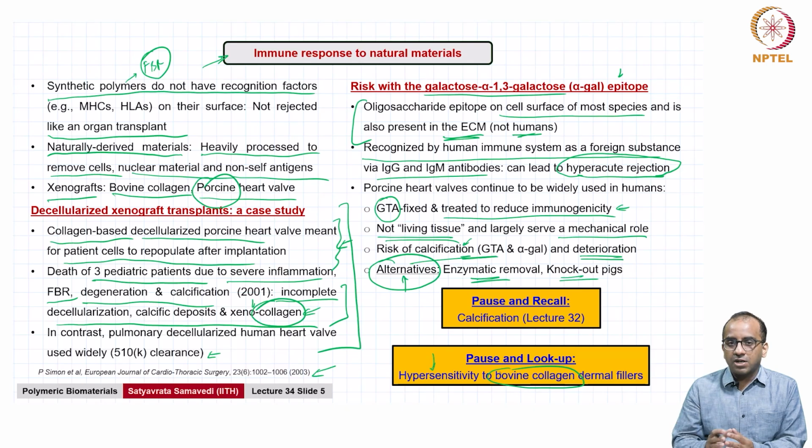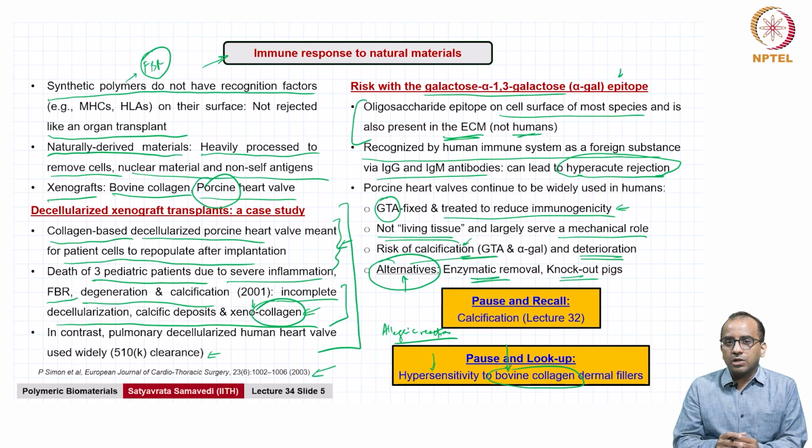Typically with these kinds of things you see either a type 1 or a type 4 kind of a hypersensitivity. Type 1 will be very quick and rapid, you will see redness, itching, swelling, etc. Type 4 will have a slightly later onset and can even result in nodules. Essentially they are all some kind of an allergic reaction, if you will, that the body is mounting in response to bovine collagen.